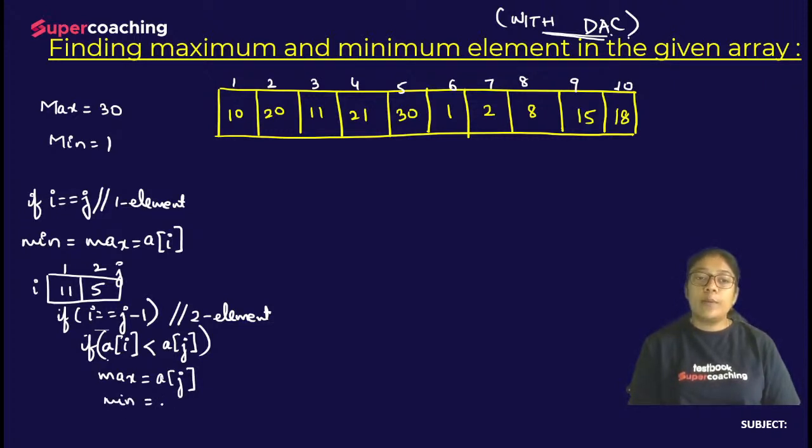Otherwise, else, if this condition is not true, else means a of i is greater than a of j, then we'll be saying that max is equal to a of i and min is equal to a of j. This is just for understanding; properly it's written on the next slide. So let's go through it.